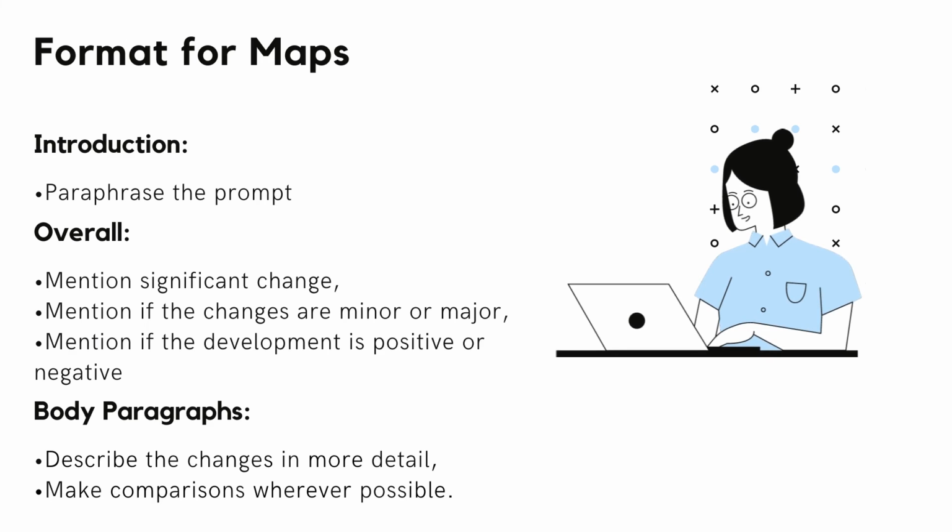Here, it is not compulsory to cover each and every detail from the map. Just select the significant ones and write them in your paragraphs. Also, make comparisons wherever possible. So this was all about the format for different task types in task 1 of academic writing in IELTS.